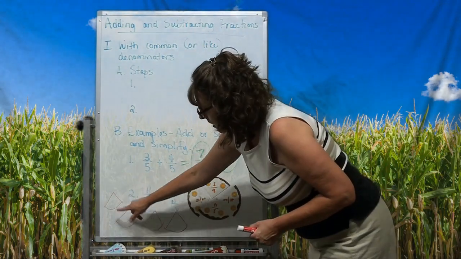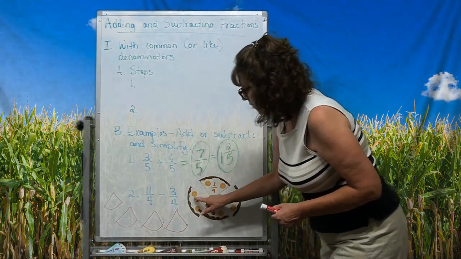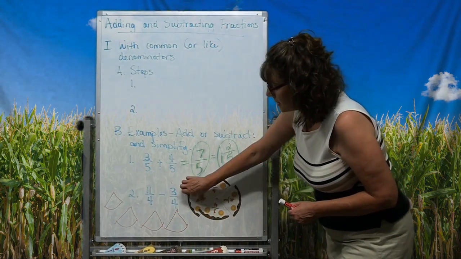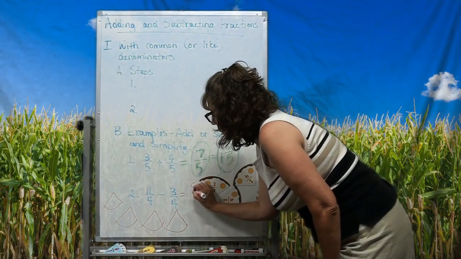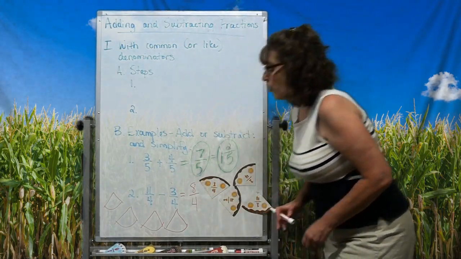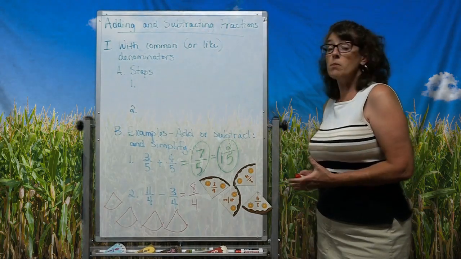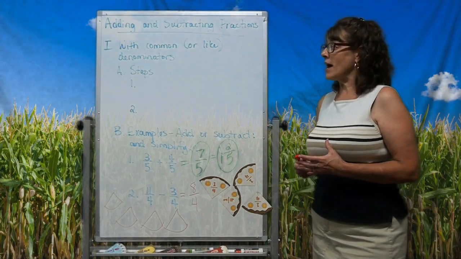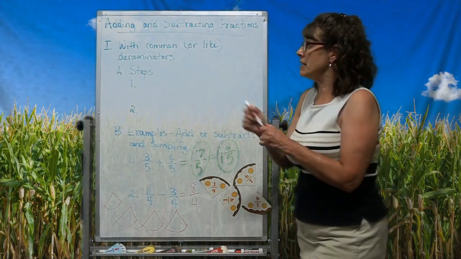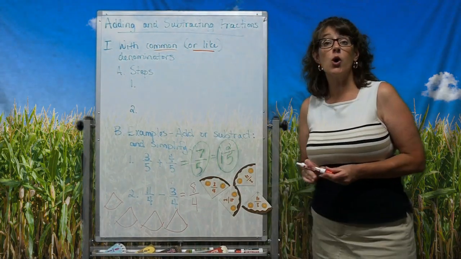Well, I have 1, 2, 3, 4, 5, 6, 7, 8 of those fourth pieces left. So that would mean that my answer is going to be 8/4. So it does appear that the rules that I said would govern how to add and subtract when I have that common or like denominator does hold true.